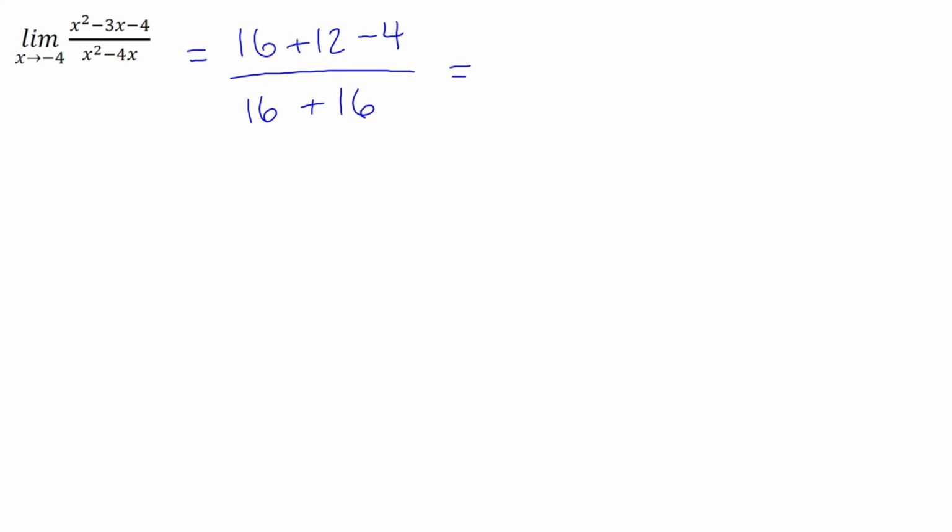So really what we've got here is 16 and 12 is 28, minus 4 is 24 over 32. They both divide by 4, or they both divide by 8. So that should be 3 over 4.